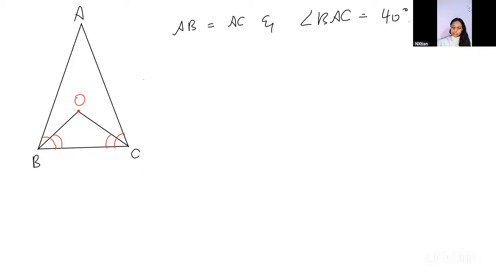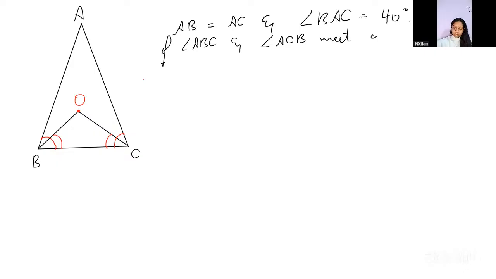The question says that the bisectors of angle ABC and angle ACB meet at point O.